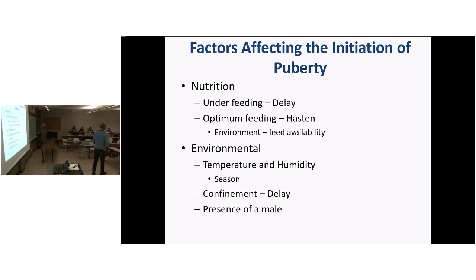Lots of those things have to do with stress. If an animal is under, for example, heat stress or any sort of stress, generally speaking, puberty will be delayed. Anything that can affect your pulsatility of GnRH and LH will eventually be negative for reaching puberty.